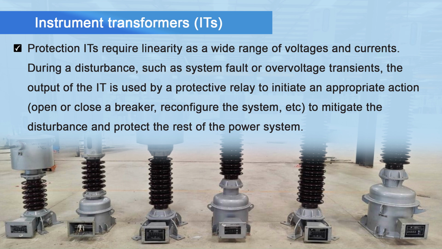So during disturbance, such as system fault or over voltage transients, the output of the IT is used by a protective relay to initiate an appropriate action, that is open or close a breaker or to reconfigure the system, etc., to mitigate the disturbance and protect the rest of the power system.